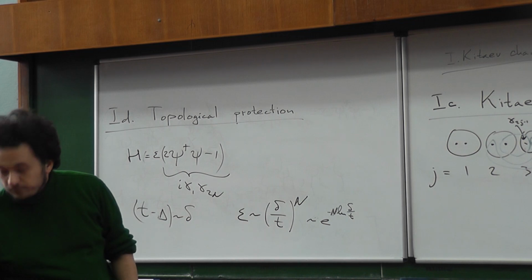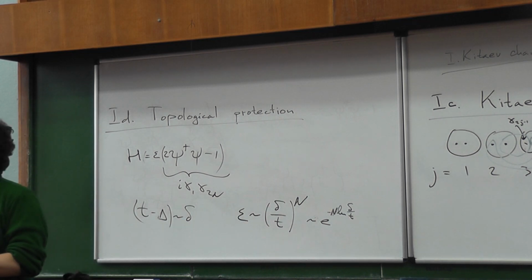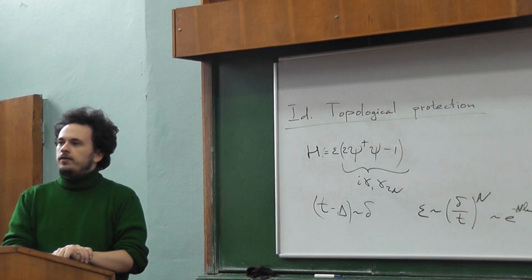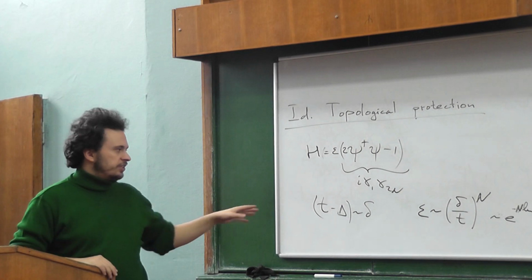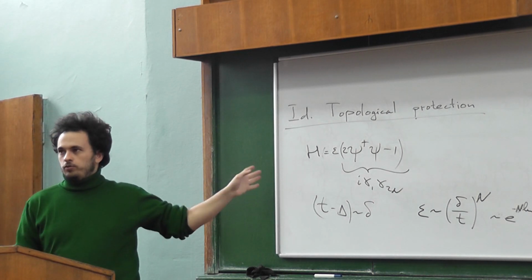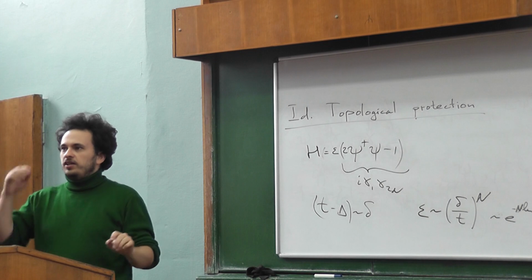Is it important here that the amplitude doesn't depend on the site number? It's not that important. If it depends on the site number, I will have a product over all sites of delta over t.